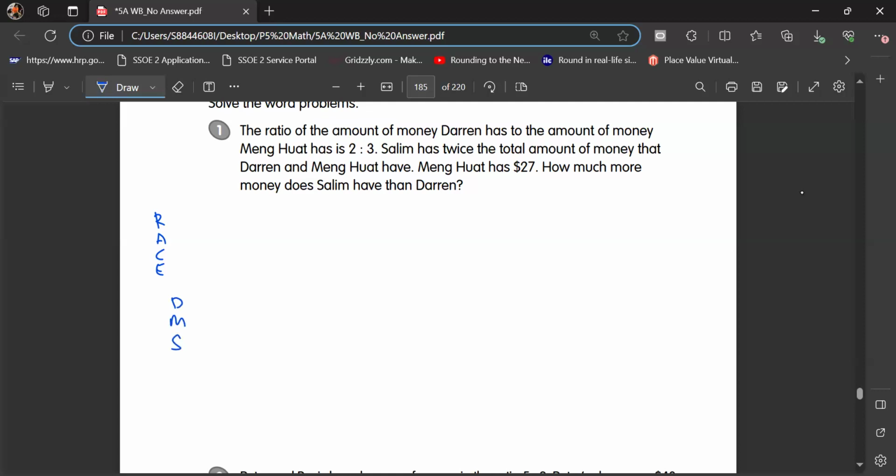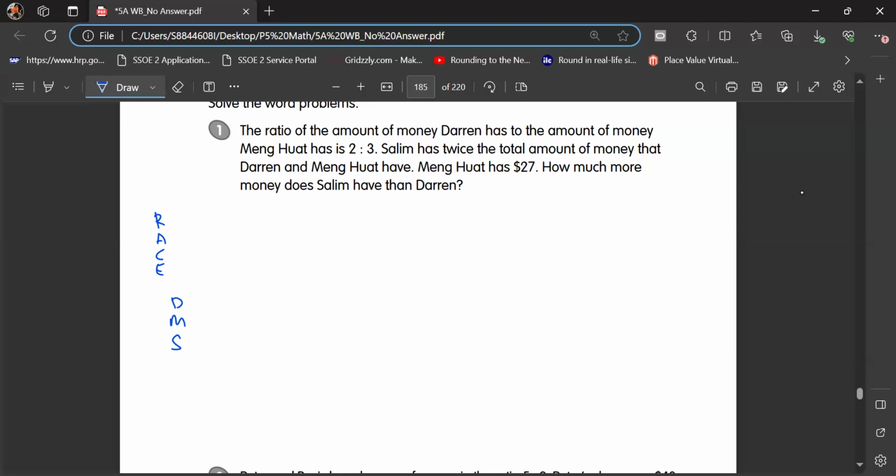And see if there are any other characters. Salim has twice the amount of total money that Darren and Ming Huat have. Wow, this sounds so complicated. Then, after that, how much more? Wow, there are so many things in this story.